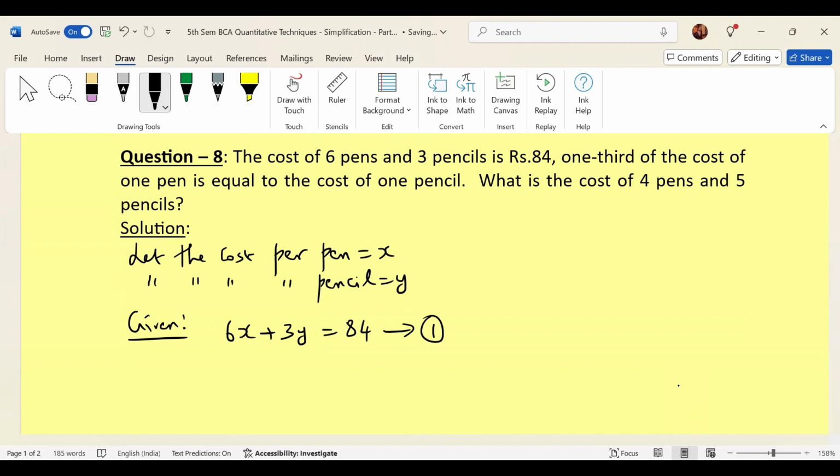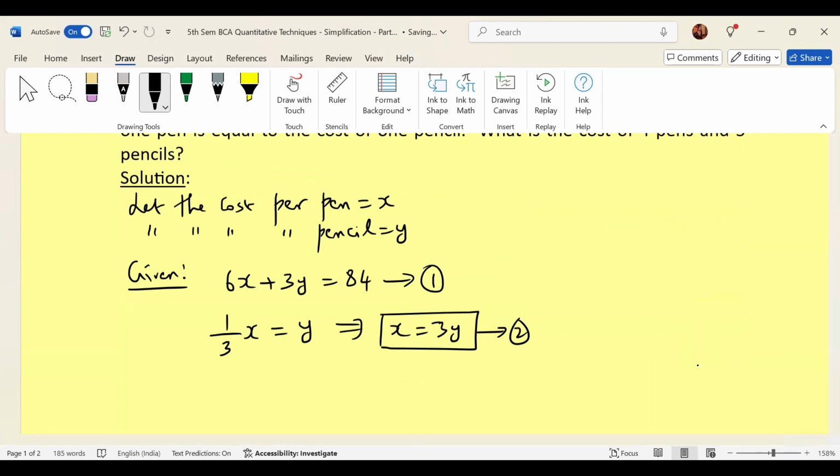Then they say 1/3 of the cost of one pen. So 1 by 3 times x is equal to cost of one pencil is equal to y, which means x is 3y. So using this second equation in 1, we are going to substitute 2 in 1. If we do that, we will get 6 times 3y plus 3 times y equal to 84.